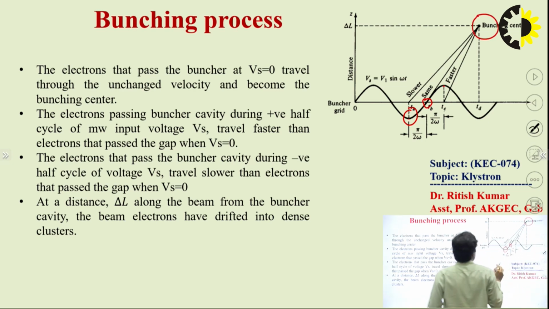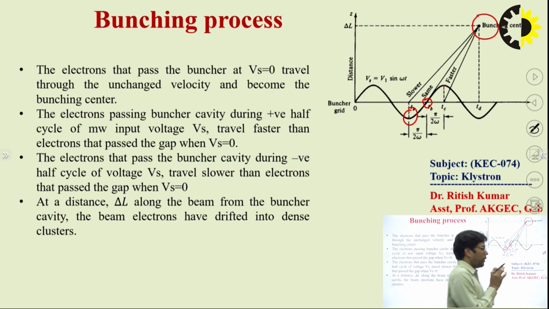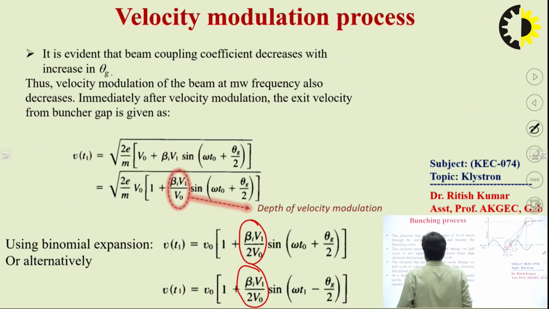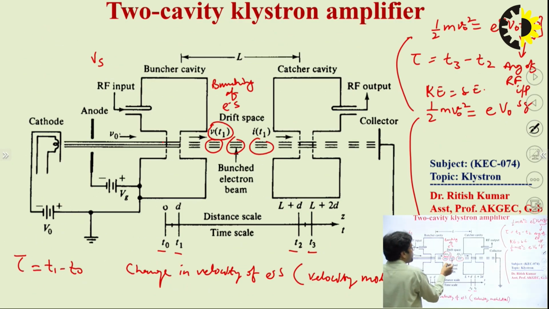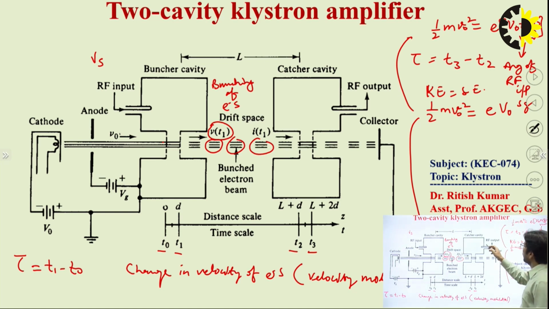Due to this bunching, the maximum energy is contained within this bunched condition. When this bunched electron beam passes through the catcher cavity, these bunched electrons release their energy in the form of current, and this amplified output we can take out from the catcher cavity.